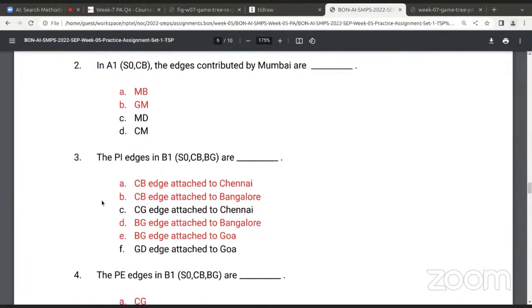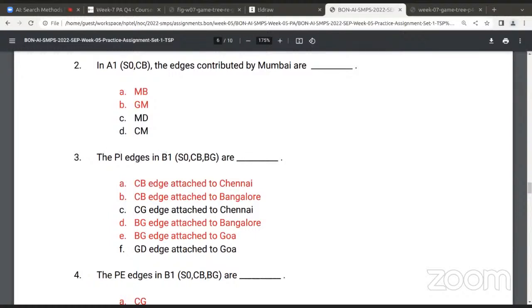Now three. We are going to CB and then we are going from B to G. Now the question is whatever we are including. CB is attached to Chennai, that's okay. CB is attached to Bangalore, correct.